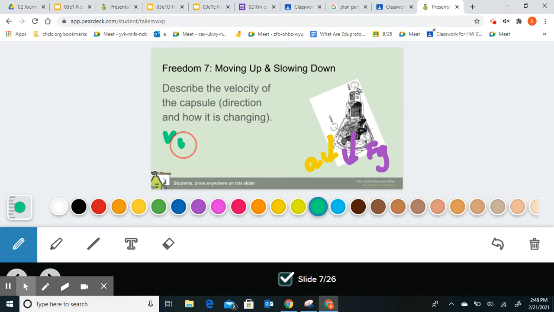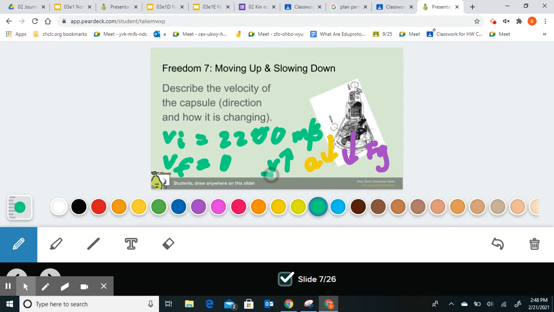So our V initial is 2,200 meters per second. And then we know in the end, our final velocity is 0. So velocity is directed up, but it's decreasing.